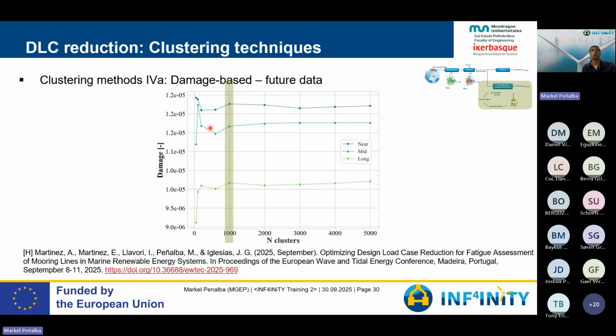And we've done the same thing with future data, where again, this 1,000 number appears as the convergence point. Even with lower values, probably would be sufficient, like about 600 clusters.